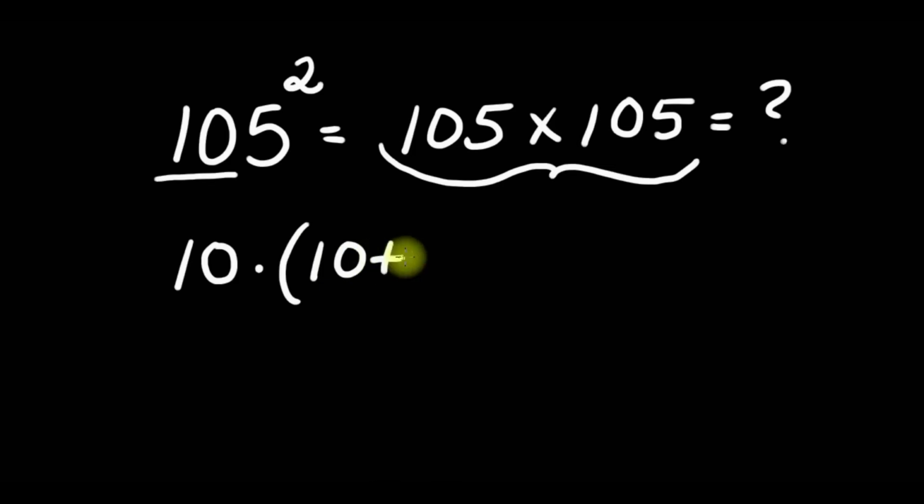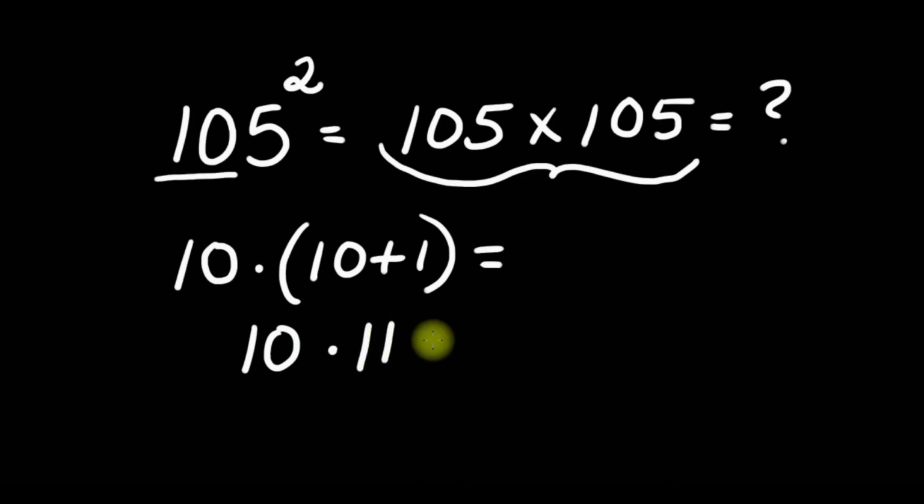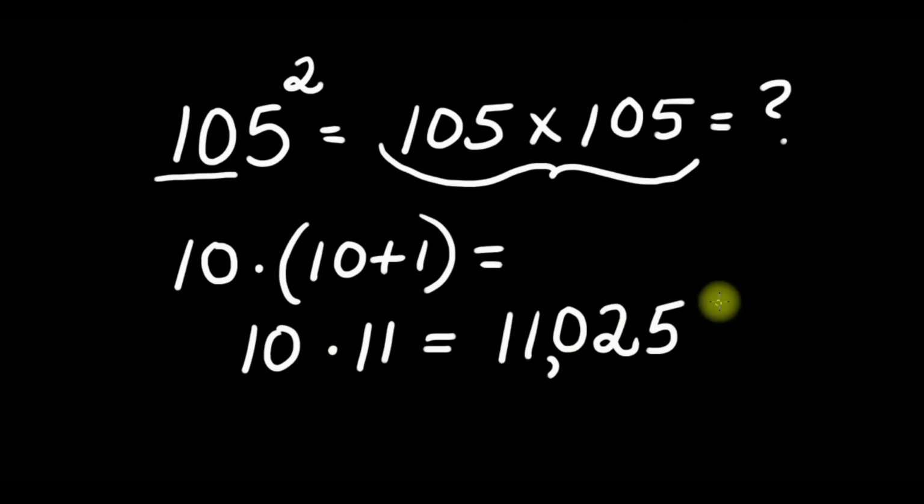Always add 1 to the original number. That's the same as taking 10 times 11. 10 times 11 is 110, and then add 25 to that number, and that's how you get the final answer.